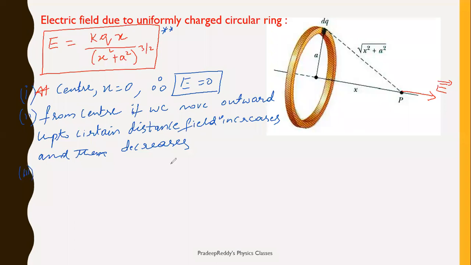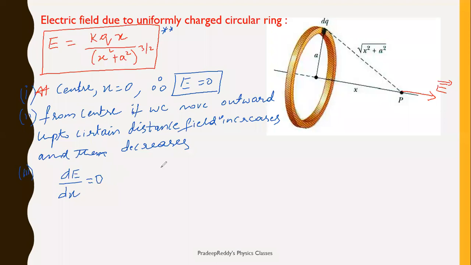So now let me consider that up to a certain distance the field is increasing, and when it is about to decrease, when it starts to decrease, at that particular point you can write dE divided by dx is equal to 0. That means the slope at that particular point tends to become 0.